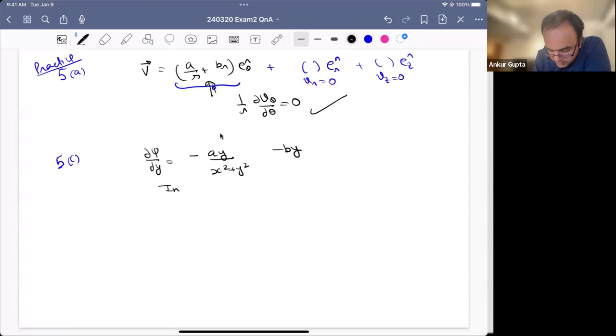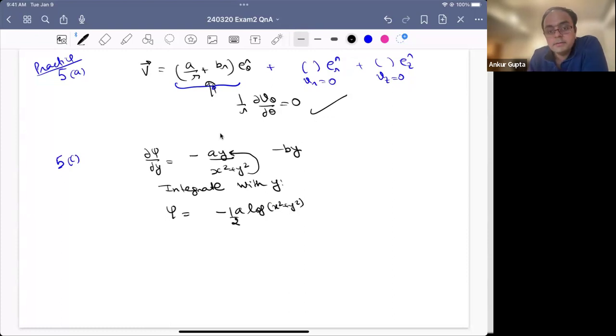If we integrate now, psi is equal to, for the first term, the derivative is on top, since y has the derivative of x squared plus y squared on top, so it becomes minus a log of x squared plus y squared by 2. We divide by half because the derivative should be 2y on top. Then minus b y squared by 2, again integrating with y, plus c1 of x.